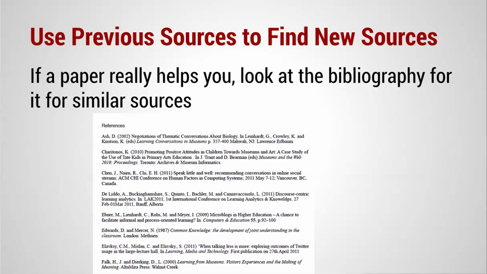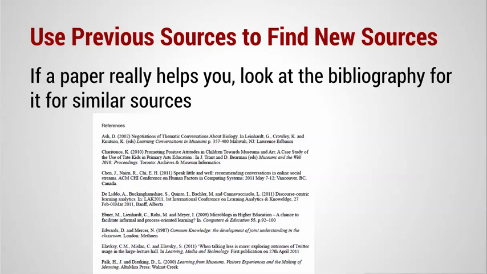Use previous sources to find new sources. I know it's difficult sometimes to get on the right foot, to really get into a research agenda that becomes fruitful for you. So as soon as you find a paper that really helps you, look at its bibliography for similar sources. So this is the bibliography of a source that I found helpful.